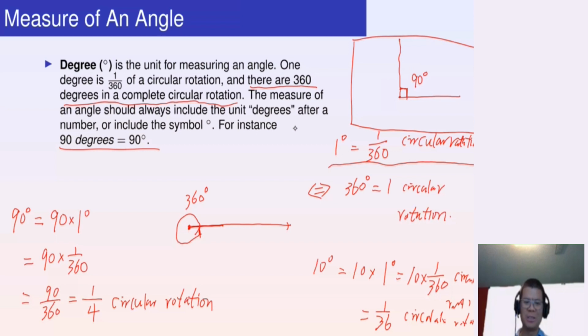It's a right angle. So it's a 90 degree right angle, which is 1/4 of a circular rotation. Does that make sense? Good? Okay, very good. Later on, we are going to get familiar with all this.